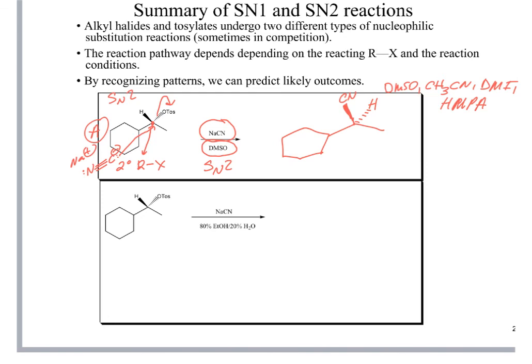In the example below, I have the same substrate, again a secondary alkyl tosylate, RX. I have the same nucleophile, sodium cyanide, but my solvent is different. I have a polar protic solvent system consisting of 80% ethanol with water as co-solvent.